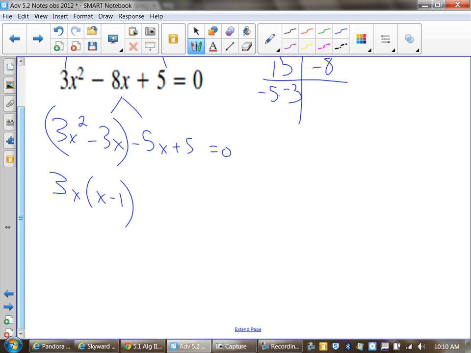In order to factor out the GCF here, to make it look like an x minus 1 in the term, I have to factor out a negative 5. So if I factor out a negative 5, well, negative 5x divided by negative 5 is just x. 5 divided by negative 5 is negative 1. That forces me into having 2 of the same terms.